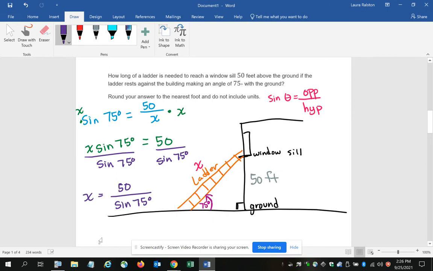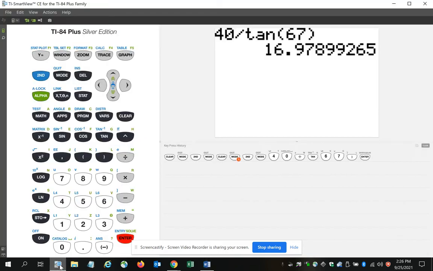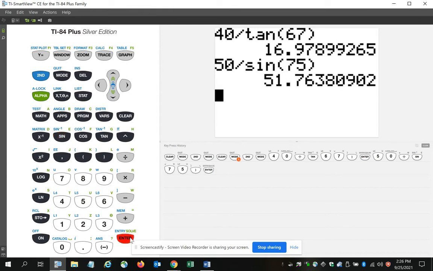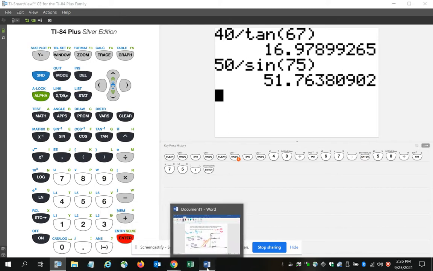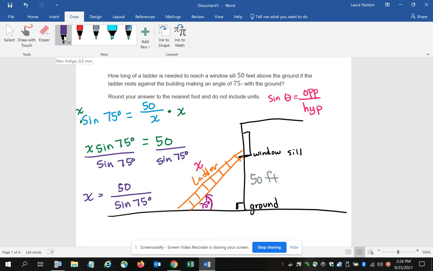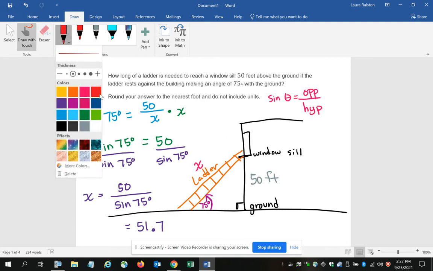And again, I'm going to go out to my calculator. I've already confirmed that it's in degree mode, so I'm going to have 50 divided by the sine of 75, enter, and I get 51.76. Okay, so my answer is 51.7, but it asked me to round to the nearest whole number.